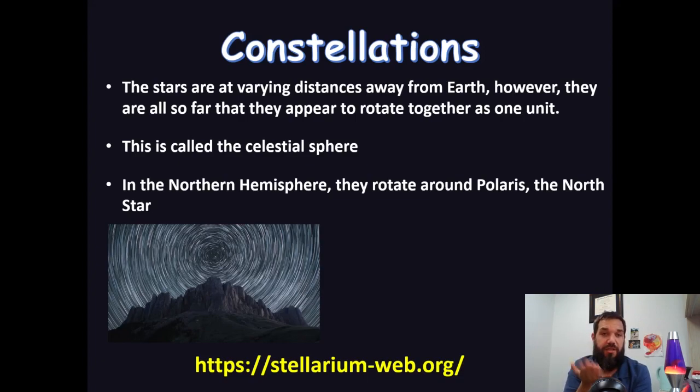So Polaris actually tells you what your latitude is in the northern hemisphere. If you were lost and you didn't know where you were in the northern hemisphere, you could always know your latitude by knowing where Polaris is.